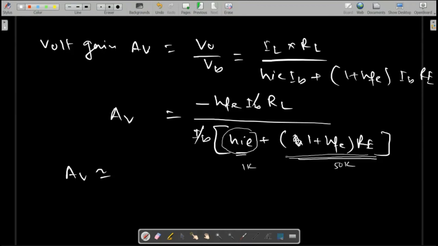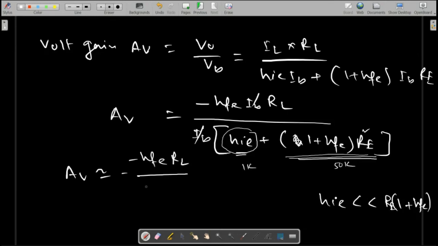So we can say the HIE value is small compared to this, especially for higher values of HFE and RE. In that case, it is an assumption, again I'm telling, we can write the equation minus HFE RL by 1 plus HFE into RE, neglecting the HIE.